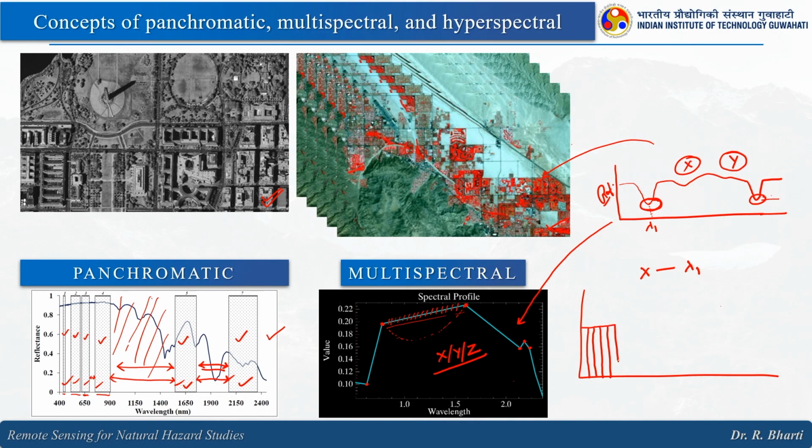So, we will have this kind of measurement, and the number of bands is minimum 10, and the wavelength difference between the start and end of this particular image, that is the bandwidth, should be in the order of 10 to 20 nanometer. So, with 10 to 20 nanometer, the minimum number of bands should be 10, and this is contiguous.